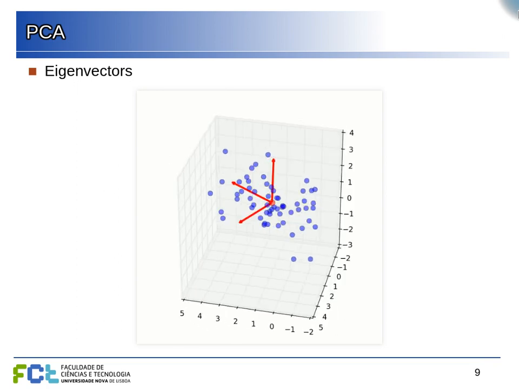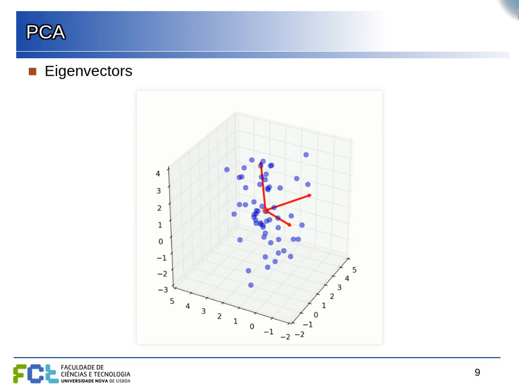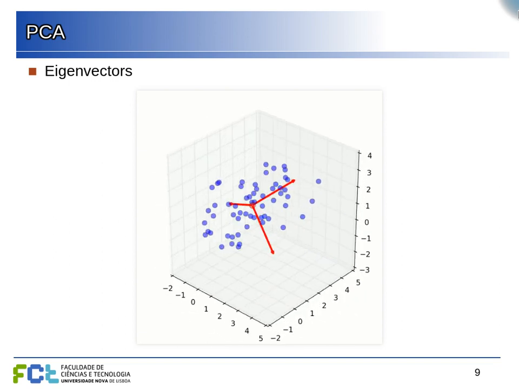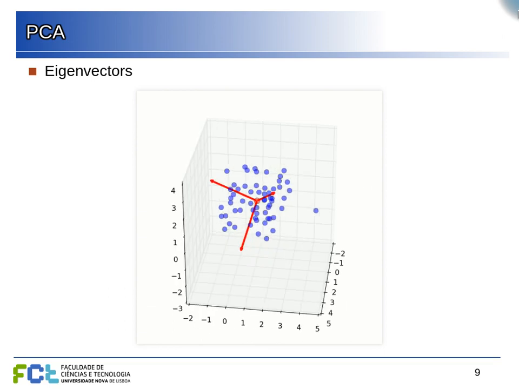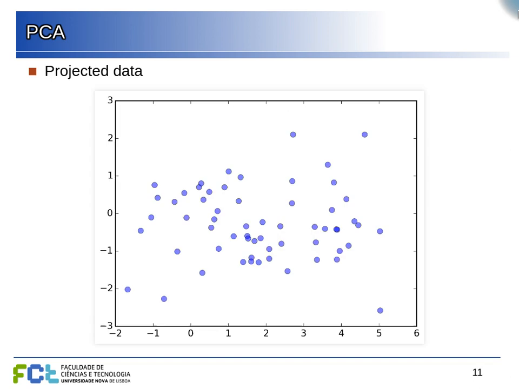Notice this one is aligned with this diagonal where the points are spread out. The other two are perpendicular and have the remaining variance. So if we choose the first and the third one here, we transform our data by projecting into those two directions, and then plot, and this will be the result.